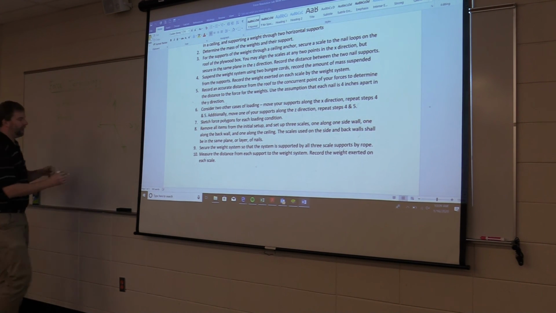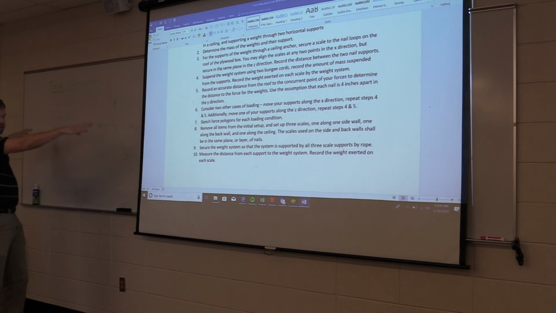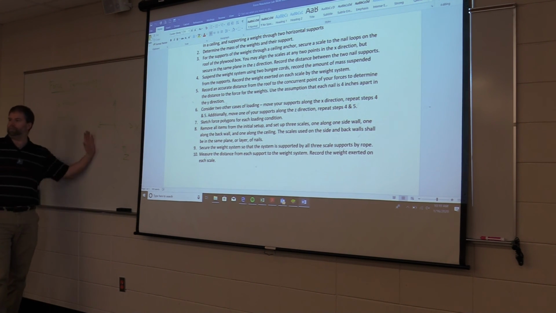So we're talking about our Z-axis. If this is your box, your Z-axis is coming into and out of the box. The Y-axis is up and down, vertical, and your X-axis is still horizontal. That's what I mean when I'm talking about X, Y, and Z coordinates.